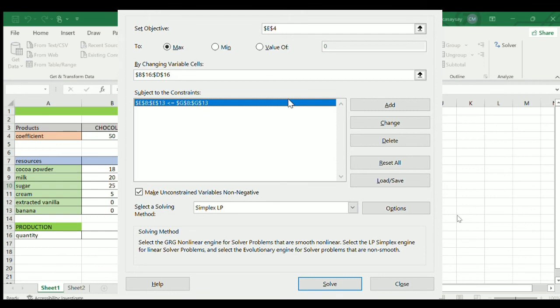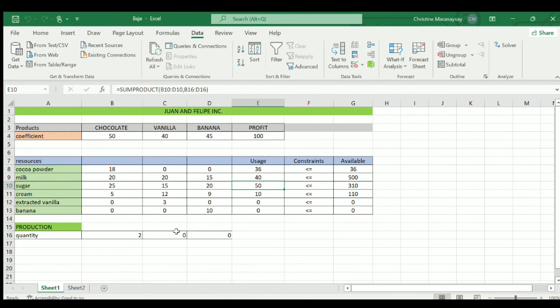Now you need to select simplex linear programming because we are using simplex in solving the algebraic formulation. Then click OK. Now as you can see, the profit changes from 0 to 100, and the quantity changes from 0.